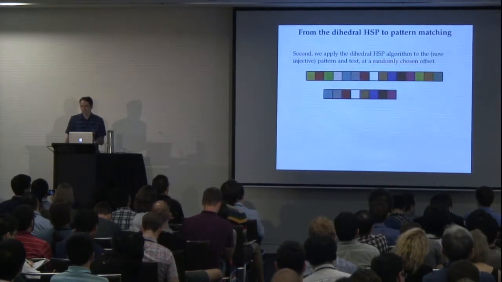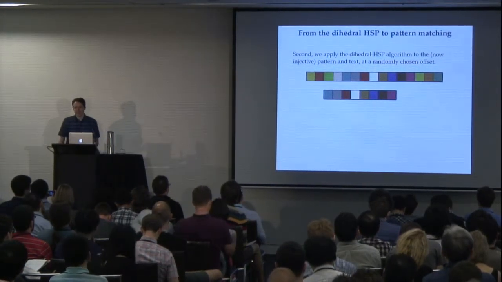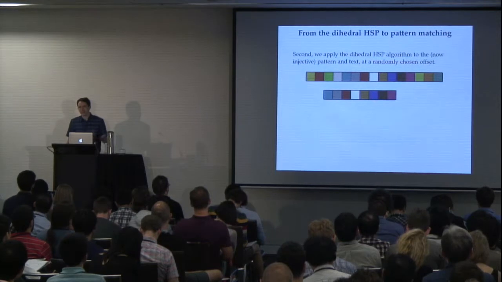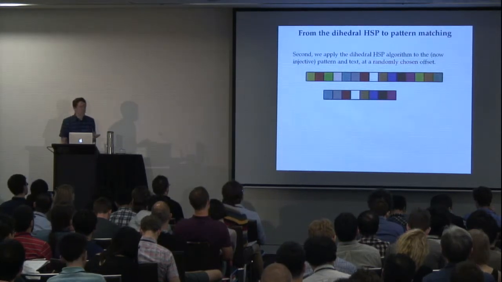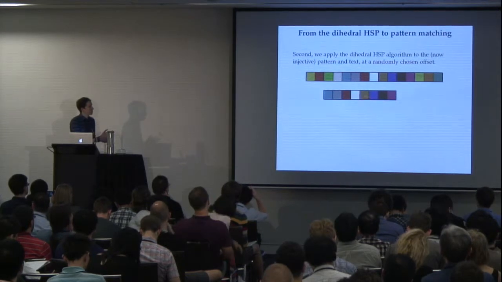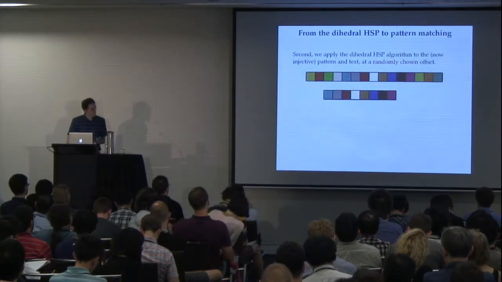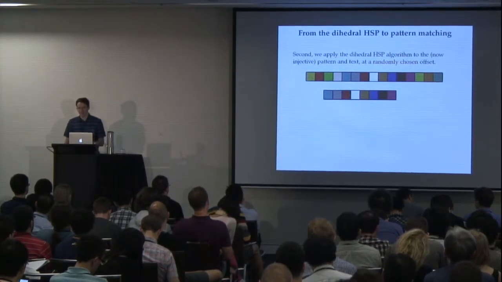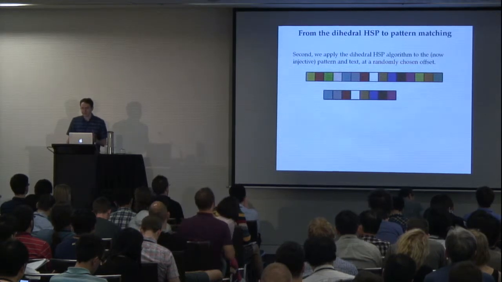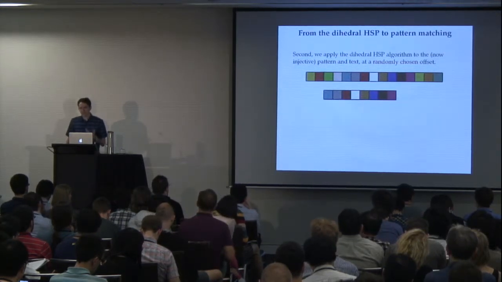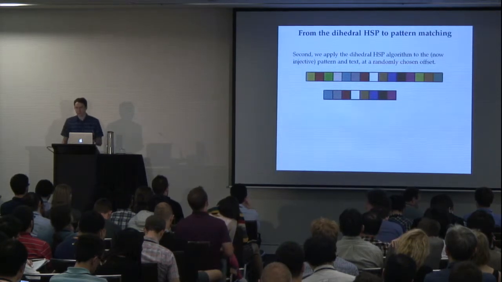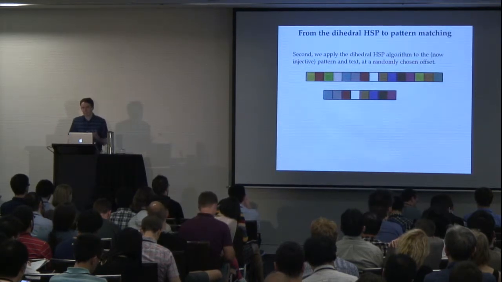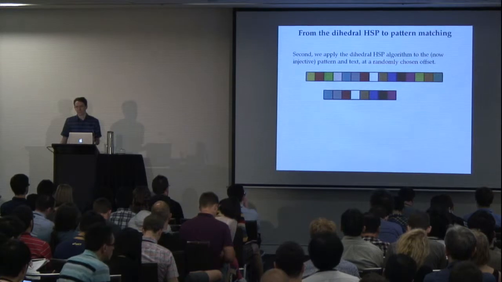Okay, so now we have injective pattern and text. So now how are we going to deal with the fact that the pattern is a different length to the text? Well, this is based on an idea of Kuperberg from 2005, who did something similar for the restricted case where the pattern was exactly half the length of the text and had to be injective. But the basic idea is that we apply the dihedral hidden subgroup problem algorithm to a substring of the text and the pattern, and the substring of the text that we pick is a random substring of the text.